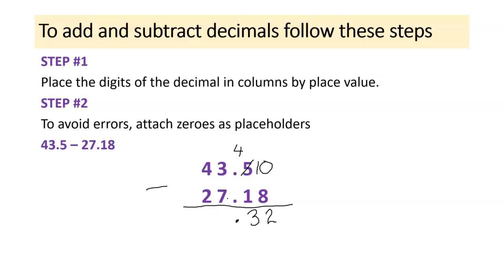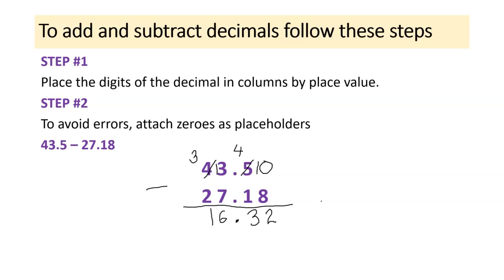And once again, when I try to subtract 7 from 3, I cannot because 7 is bigger than 3. I need to borrow. 4 is going to become 3 and the 3 is going to become 13. 13 minus 7 will be 6. 3 minus 2 will be 1. Our final answer will be 16.32.